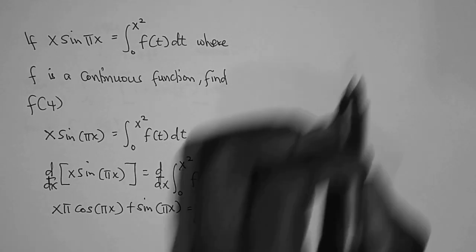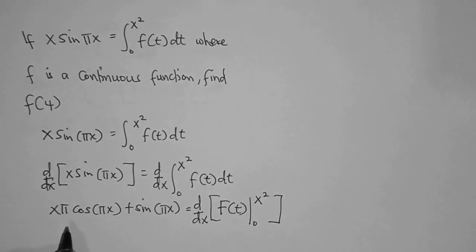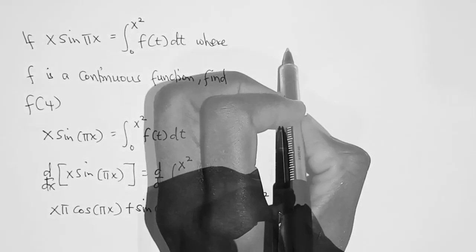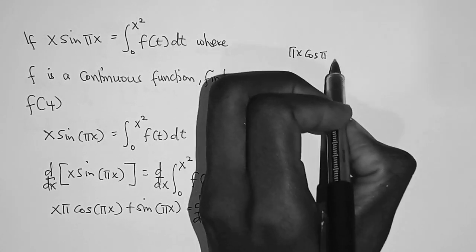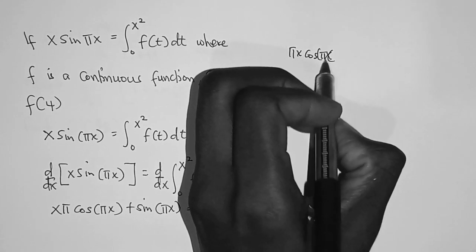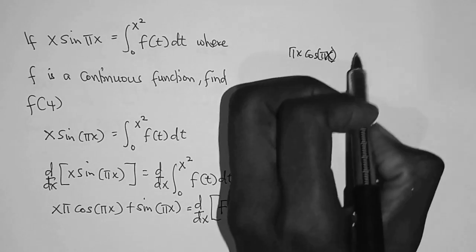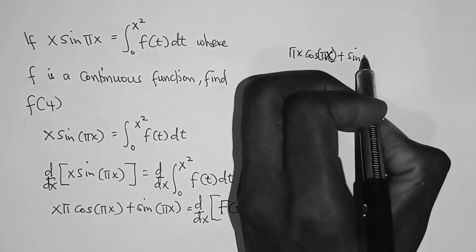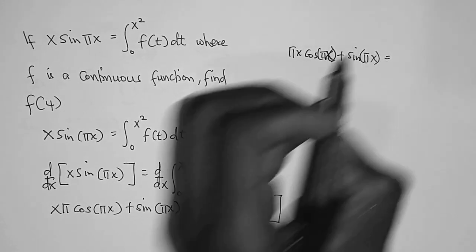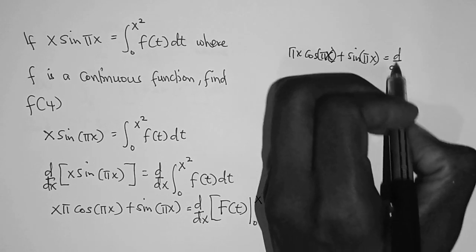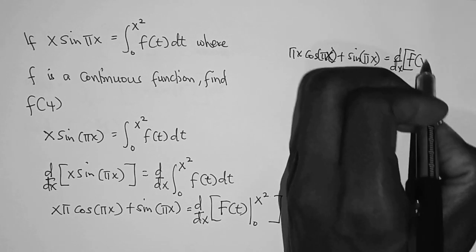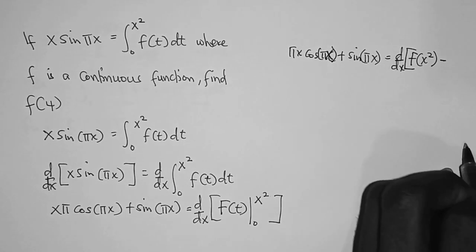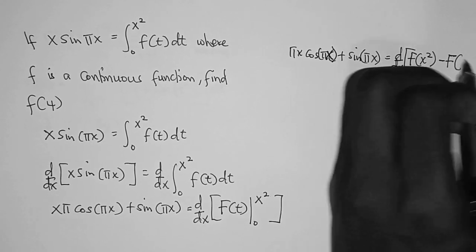So let's continue from here. So at the end of the day, this is going to be pi x cos pi x plus sine pi x equals d/dx of capital F of x squared minus capital F of 0.